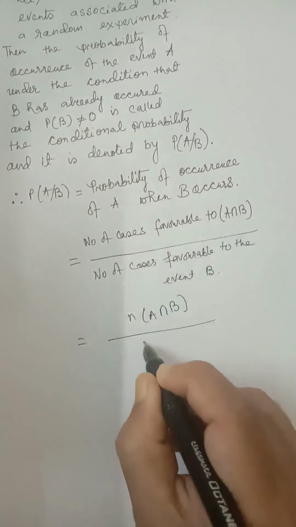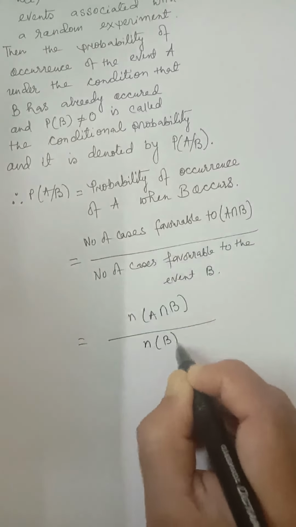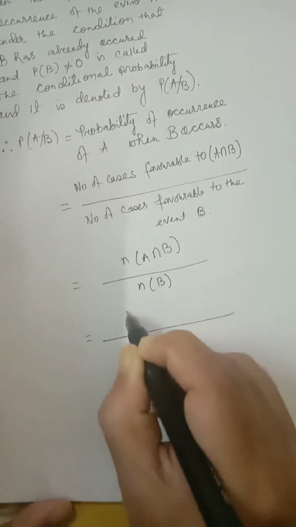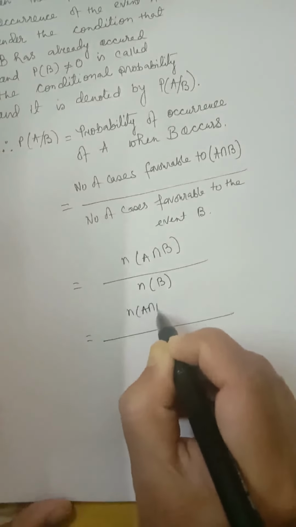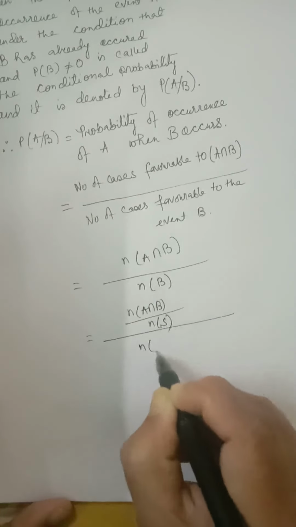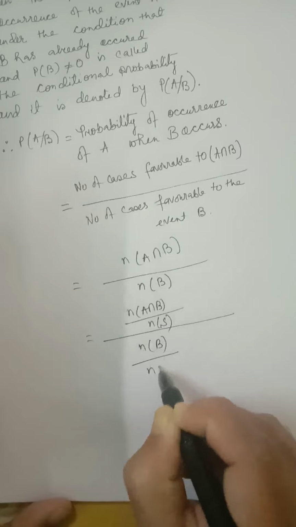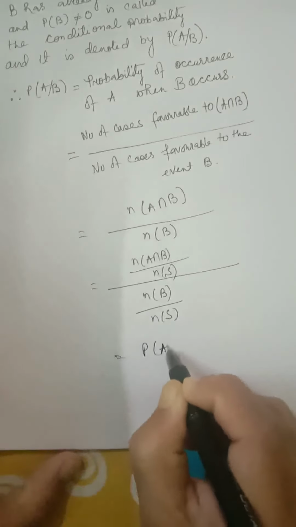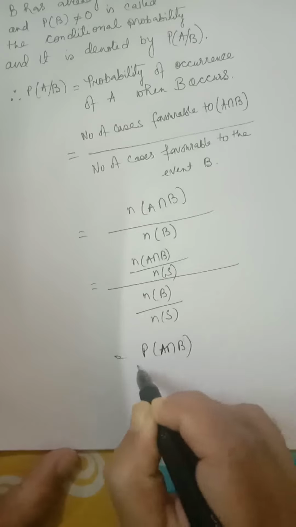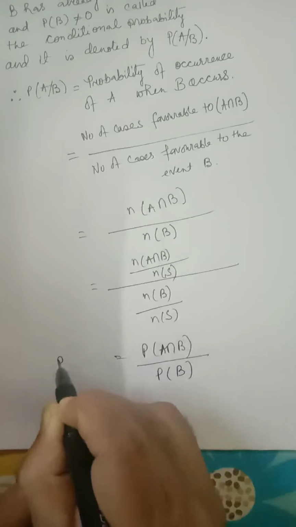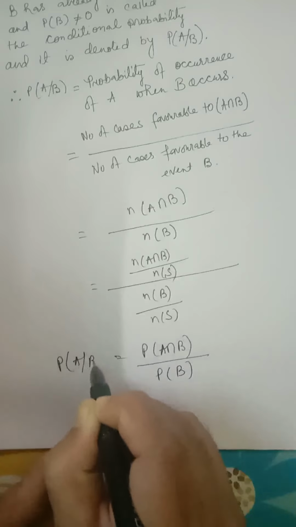Number of cases favorable to the event B, we write in this way. Now dividing numerator and denominator by n, we get this. So the numerator is now P(A intersection B) and the denominator is P(B). So this is the formula for probability of A by B.